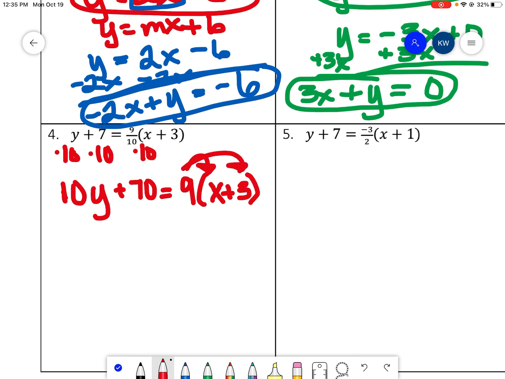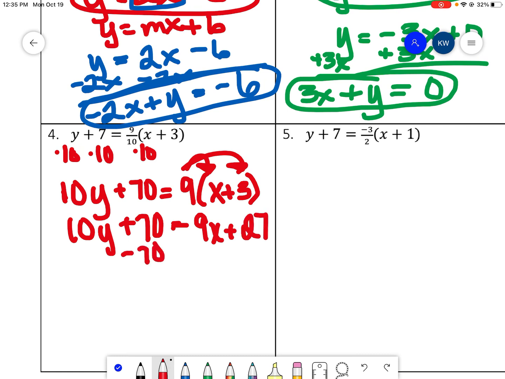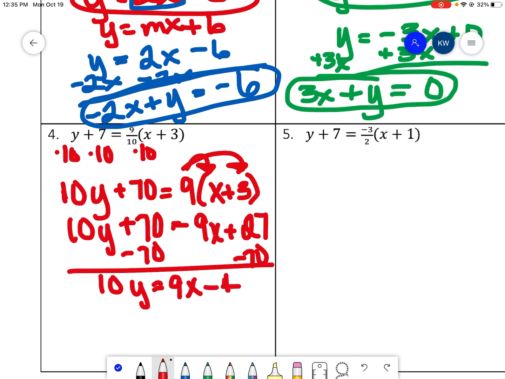Distribute. Move it over. So 10y equals 9x minus 43.